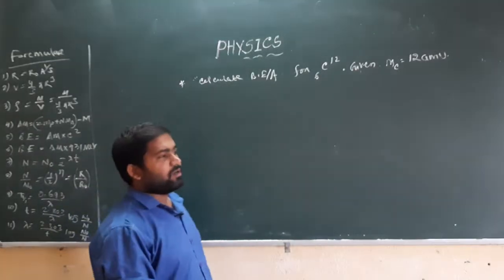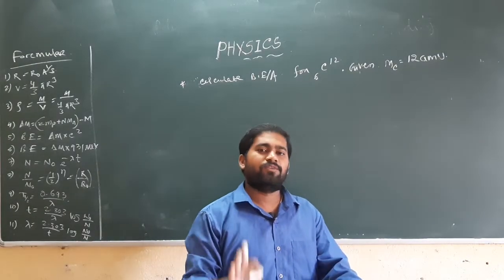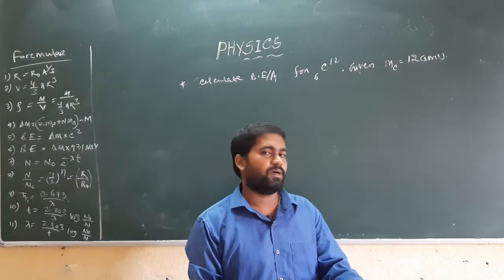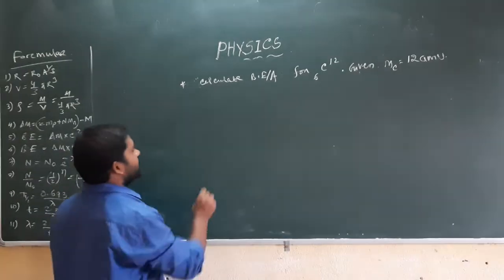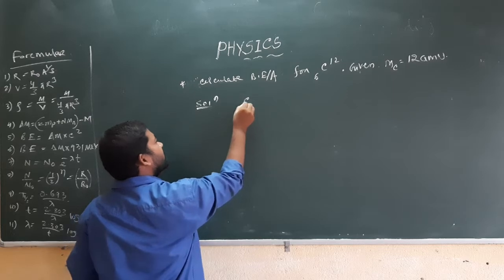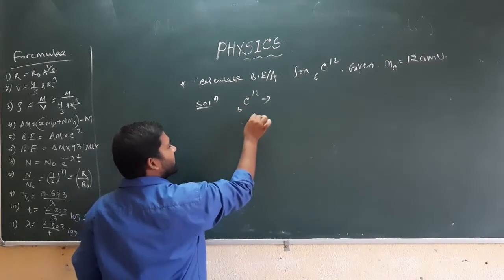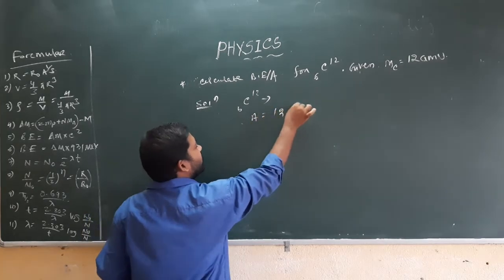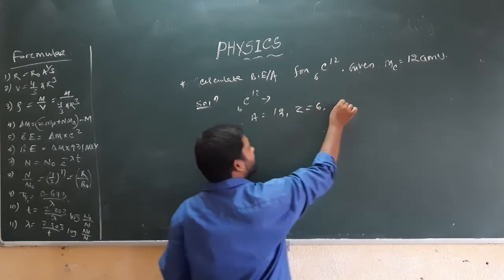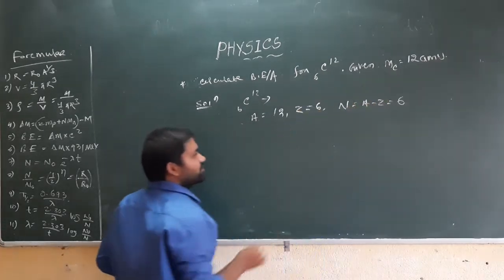In order to calculate the binding energy per nucleon, we first have to calculate the binding energy, and for the binding energy we have to measure the mass defect. So here comes the solution part. For the carbon-12 nucleus, the mass number A equals 12, Z equals 6, and N equals A minus Z, that is 6.